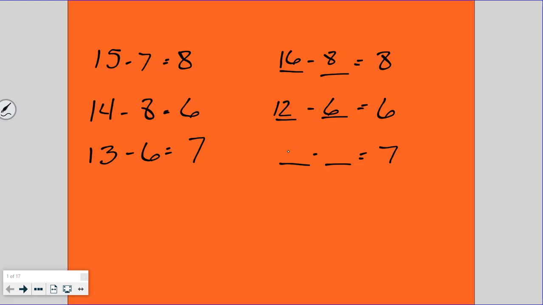And then my last one, I did 12 minus 5, come on, work for me, equals 7. So those are the 3 I came up with. Any ones that you have, as long as they equal 8, 6, and 7, they don't have to be the exact same as mine.